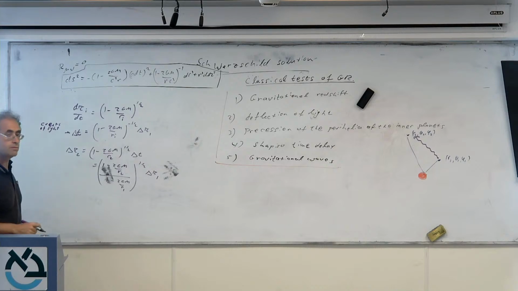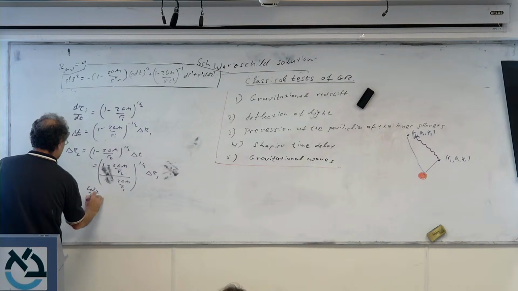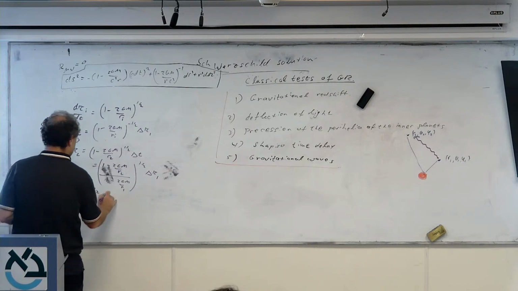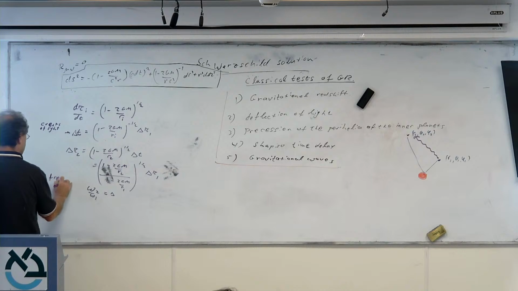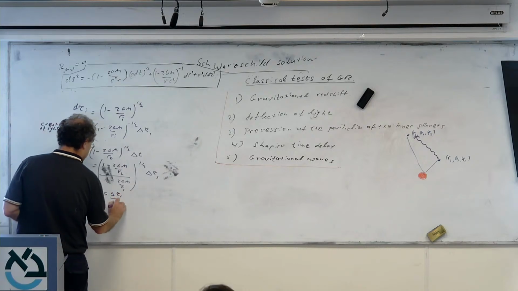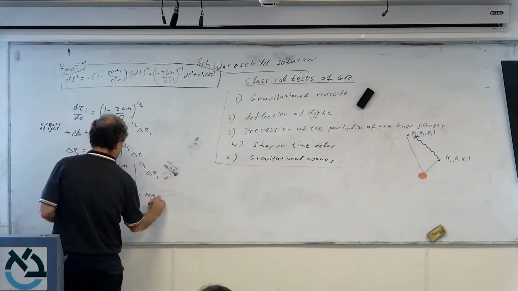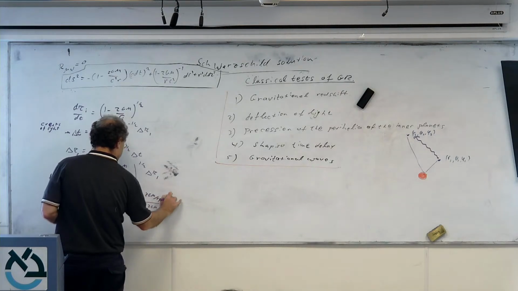Of course, when we're looking at light, we don't see the delta t. What do we measure? Frequency. So frequency is exactly the opposite of that. Omega 2 over omega 1 is delta tau 1 over delta tau 2, which is 1 minus 2GM over R1 divided by 1 minus 2GM over R2, to the power 1 half.